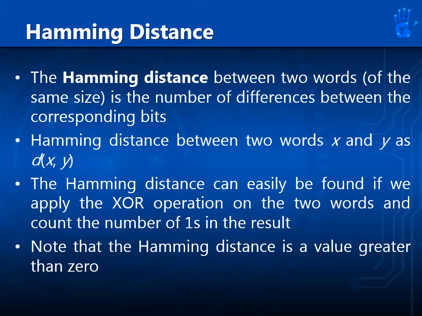The Hamming distance can easily be found if we apply the XOR operation on the two words and count the number of ones in the result. Note that the Hamming distance is always a value greater than 0 for two different words.